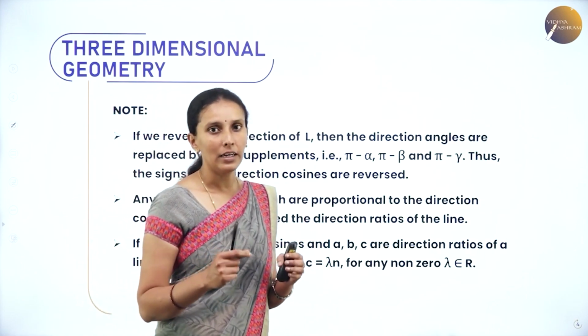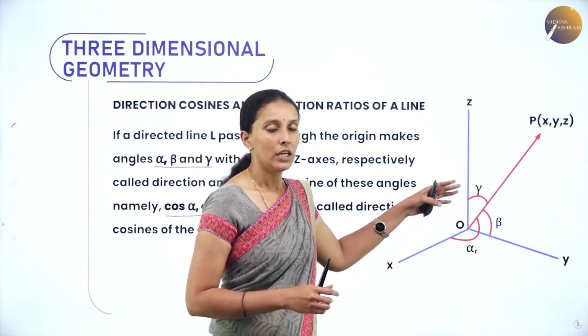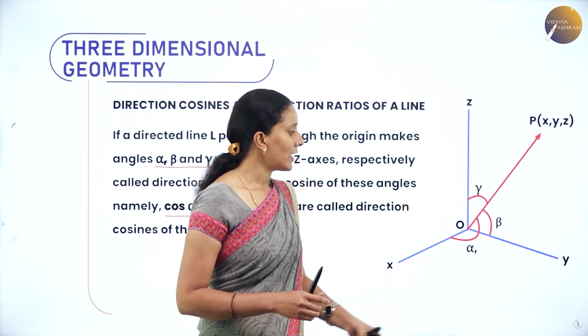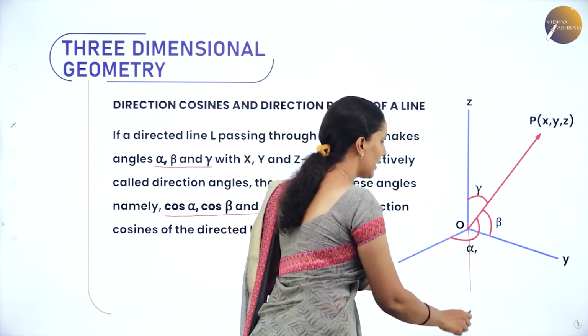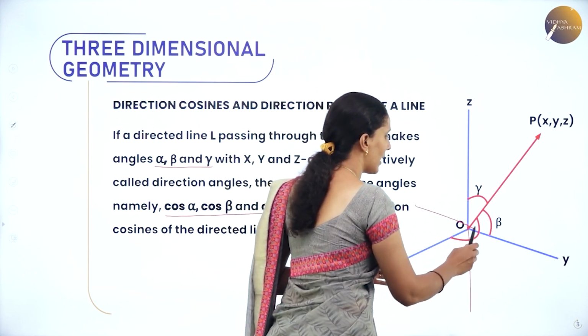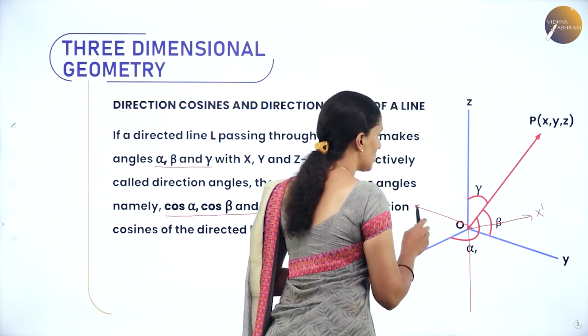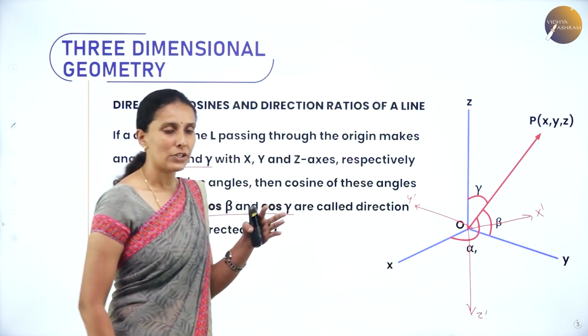So here we can consider OP as the line L. The one thing is here, we always take the direction cosines in terms of positive ratios, that is in terms of positive x, y, z axis. That is why we can take alpha, beta, gamma. So we know that we can extend negative z axis, negative y axis and negative x axis also. So we can take it as x dash, y dash and z dash, which are negative x, y, z.